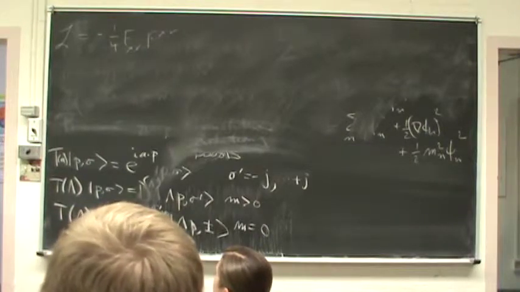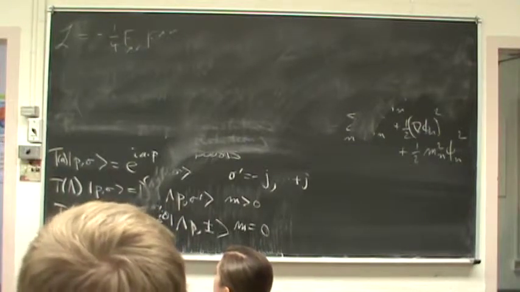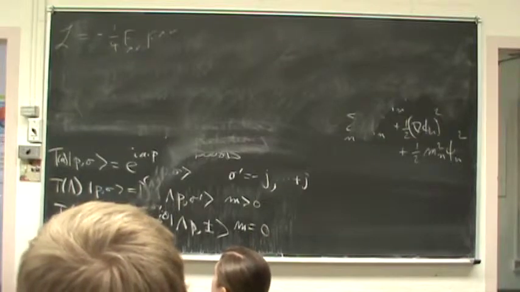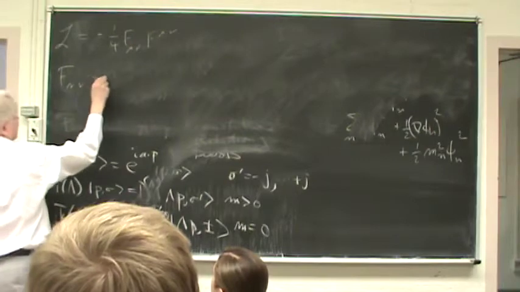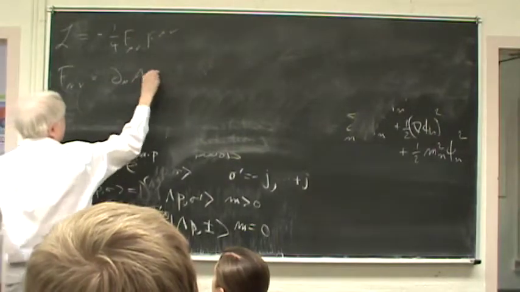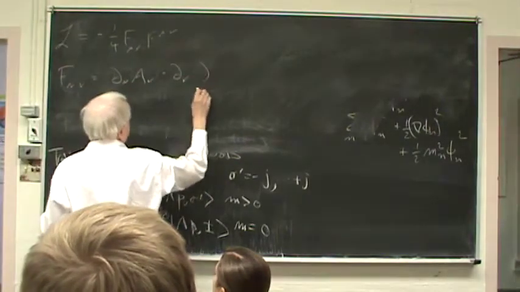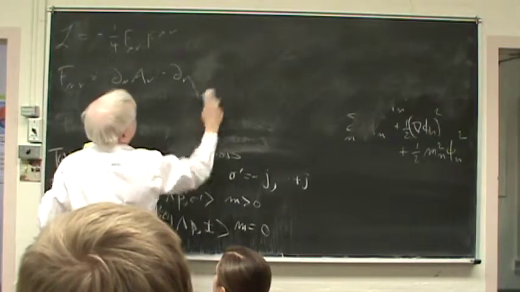Now, this is an example of a gauge theory, and in particular, this F mu nu is, of course, d mu A nu minus d nu A mu.